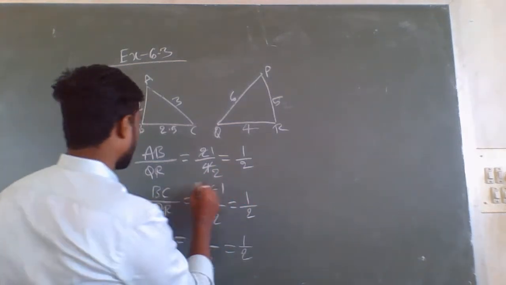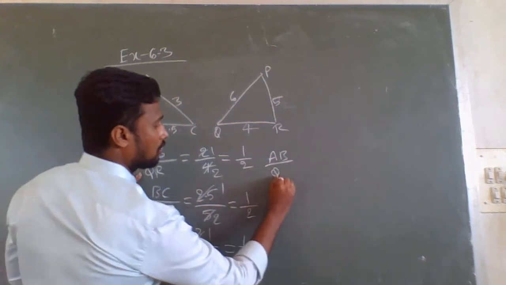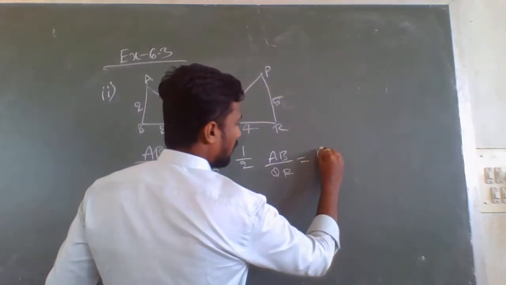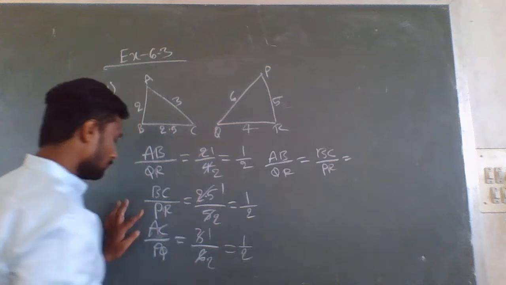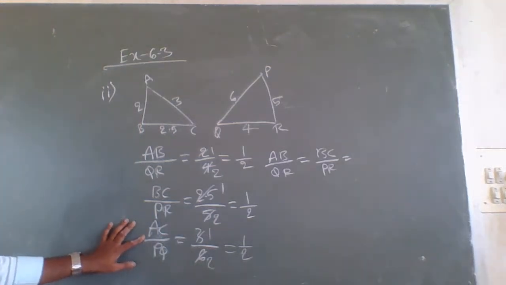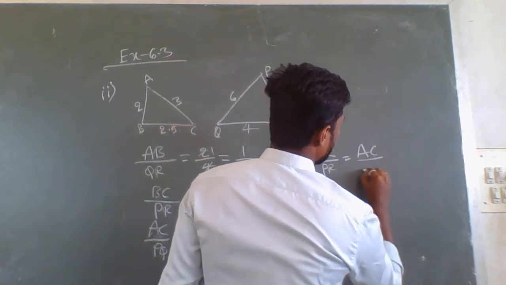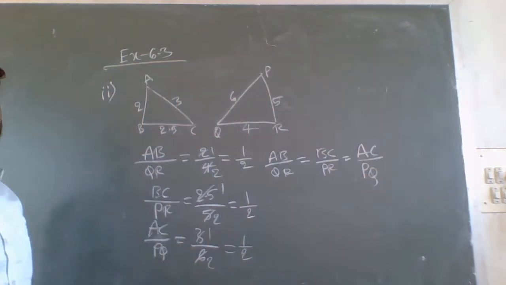So here we can write AB by QR is equal to BC by PR is equal to AC by PQ. All the sides are proportional.